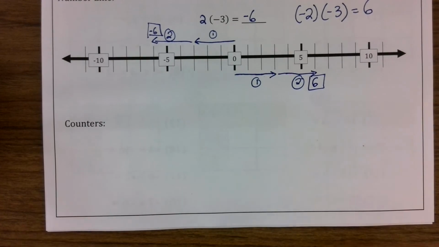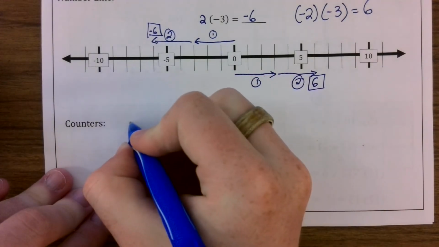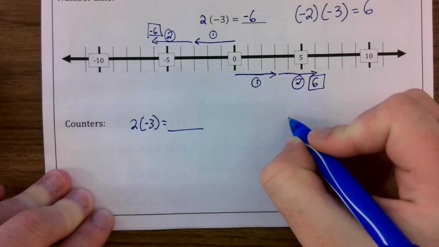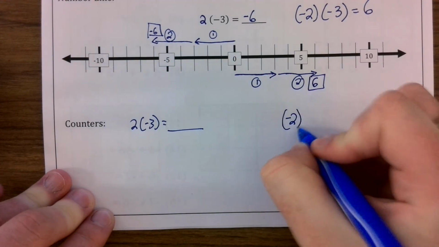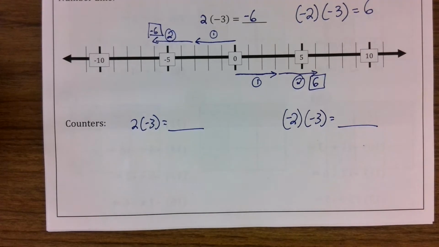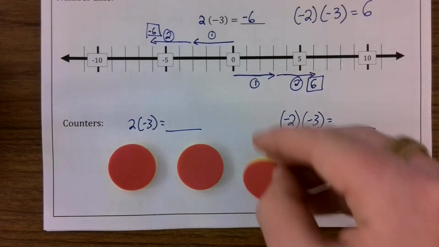With counters, this looks a little bit different. And we're going to do the same problem. So we're going to do 2 times negative 3, and we're going to do negative 2 times negative 3. So we can see both sides. Okay. So if I have negative 3, that means I have 1, 2, 3 reds, right?